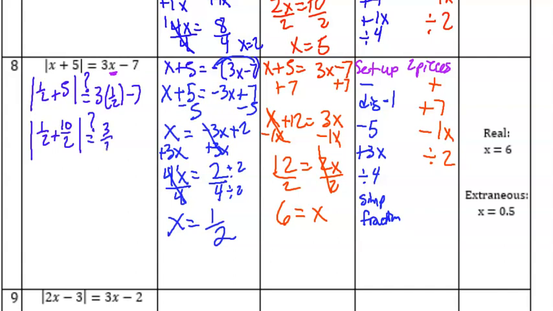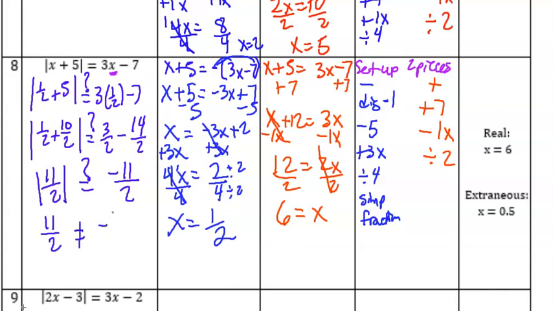Then we have 3 halves minus 7 is the same thing as 14 over 2. Okay, is 11 halves, the absolute value of that, the same thing as negative 11 over 2? Well, the absolute value is always going to be positive here. 11 halves is not equal to negative 11 halves. That's false. So x equals 1/2 is extraneous, which is the same thing as 0.5.